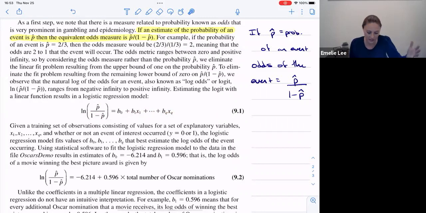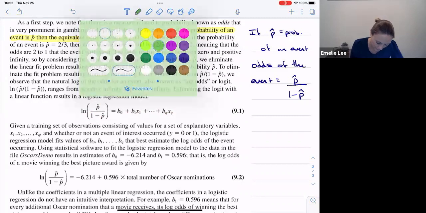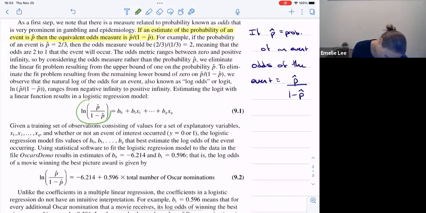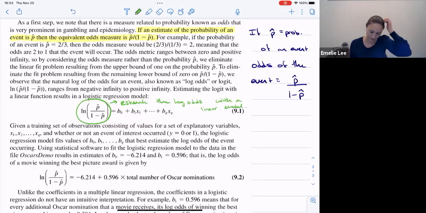And so that's really nice. So here, we estimate the log odds with a linear model.